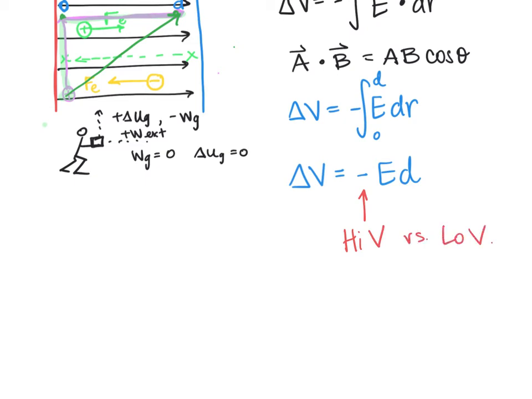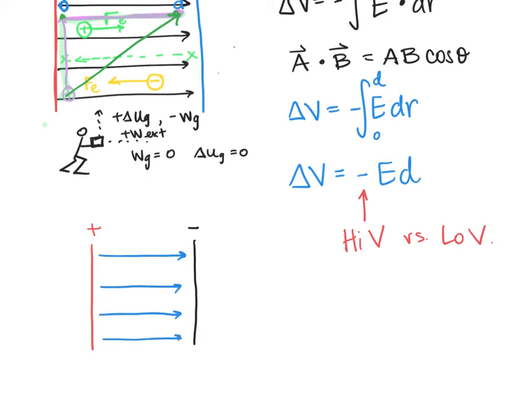Okay, I'm going to redraw this because it's gotten kind of messy up there, but imagine we have this positive plate over here, we have a negative plate over here. Our electric field by definition is from positive to negative.